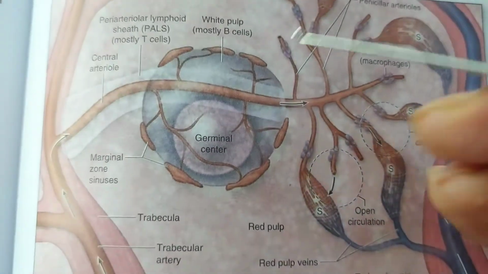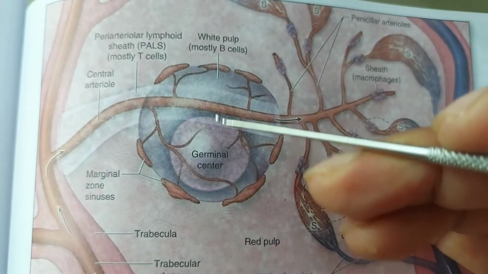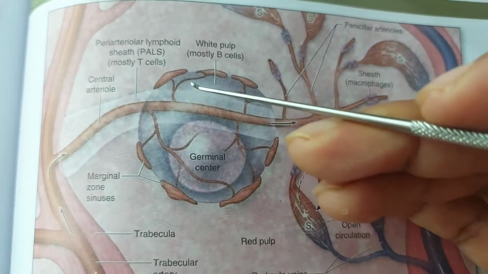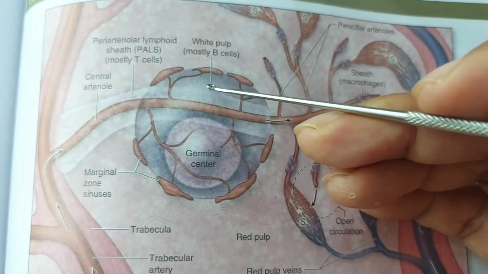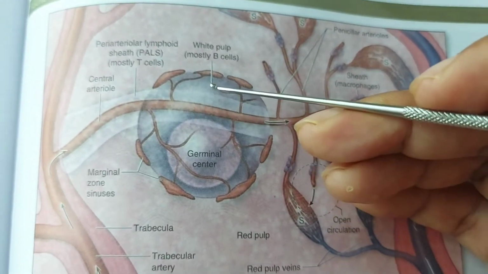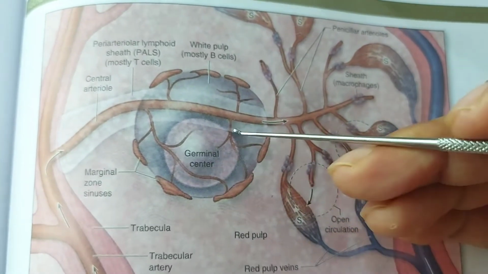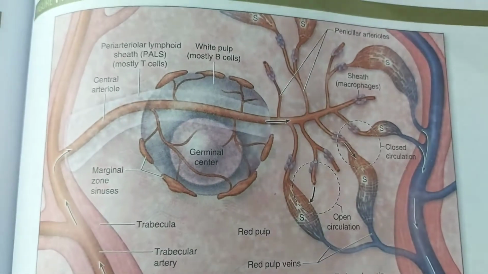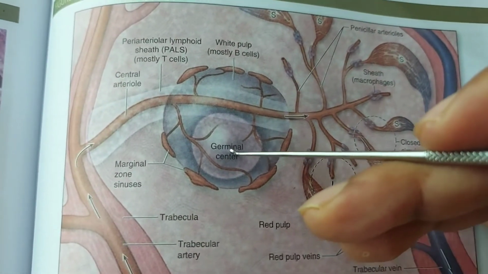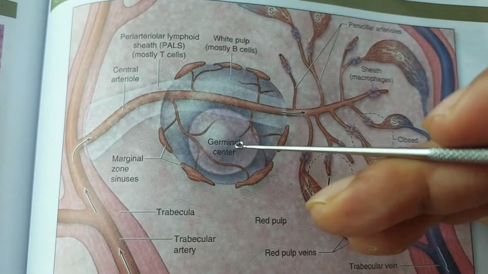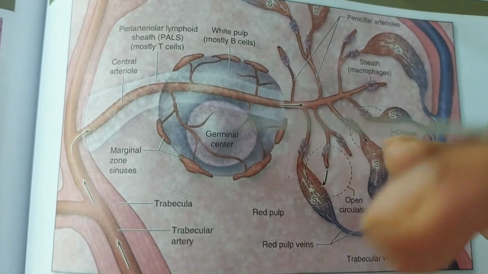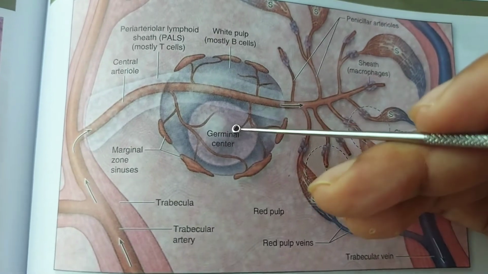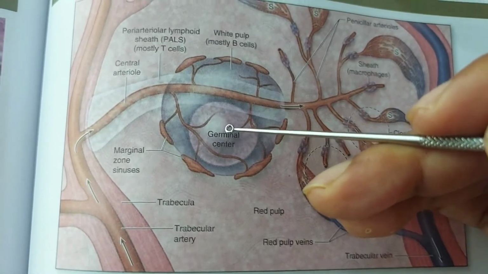The areas of the white pulp are the central area. Here is the central area, and now it remains at the side. It is pushed laterally by this germinal center. This germinal center is the area where lymphocytes proliferate to form the germinal center, and they produce the antibodies.